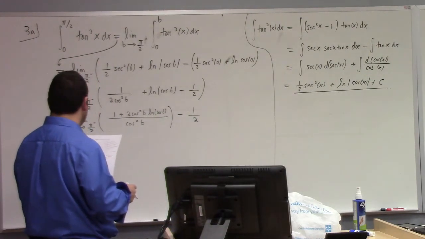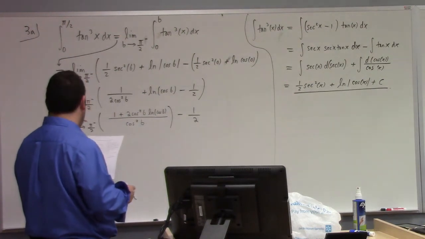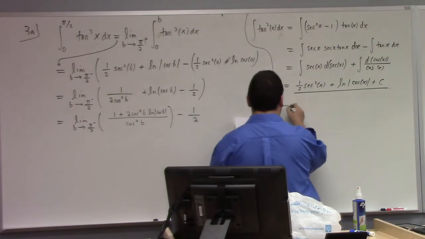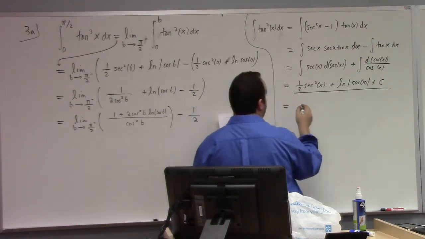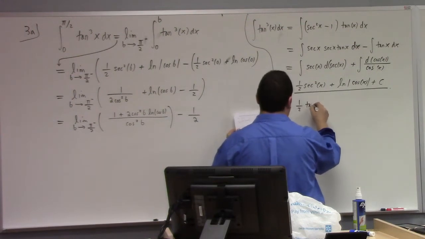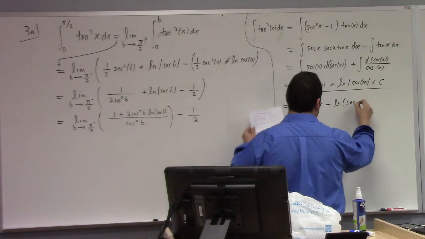Oh. Huh. That's funny. So another way to look at this would be 1/2 tangent squared x minus the natural log of the secant of x.